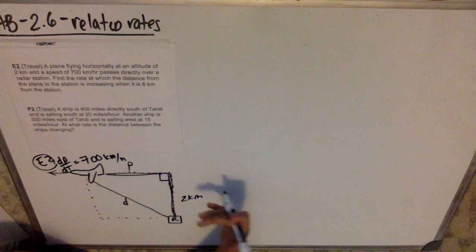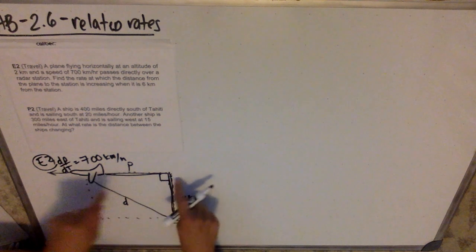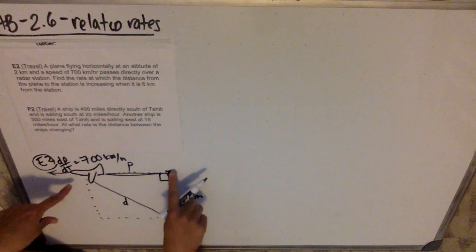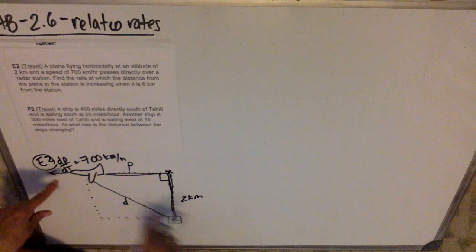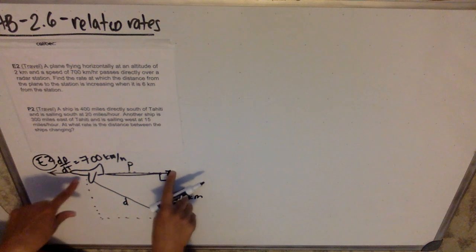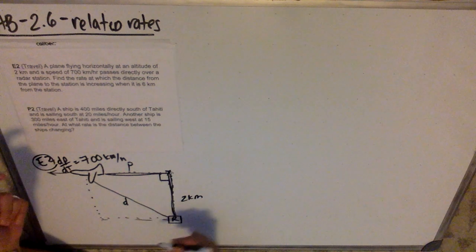It has nothing to do with whether I have my plane flying to the left or to the right. This quantity that I labeled P represents the distance between this radar station and this plane, right? The horizontal distance, not the straight as-a-crow-flies distance. This represents what we can often call the ground distance. So sometimes you'll see it measured this way instead, and they'll use maybe G for ground distance.